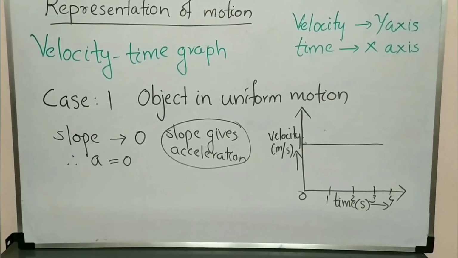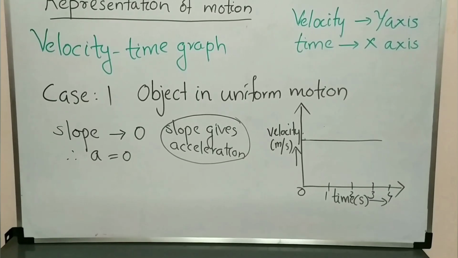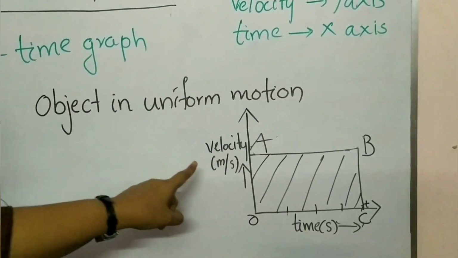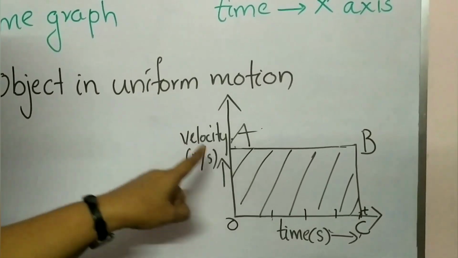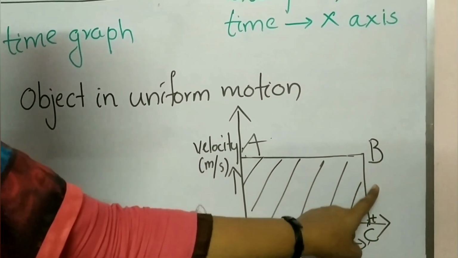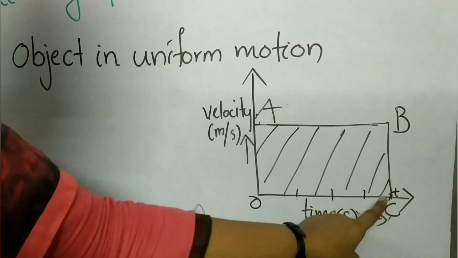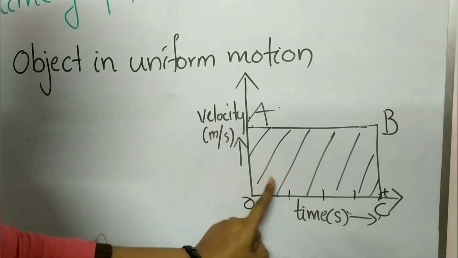Again we have to discuss another quantity from this graph. Let us see what that is. The velocity time graph of this object is a straight line parallel to the time axis. Now you can see I joined that B to the x-axis, that is marked as C. So here you can see a rectangle and a shaded portion.